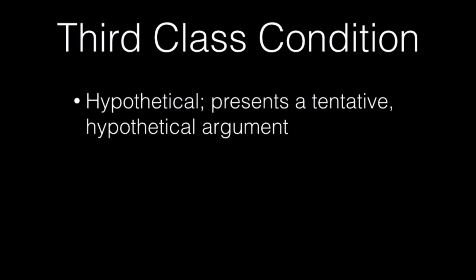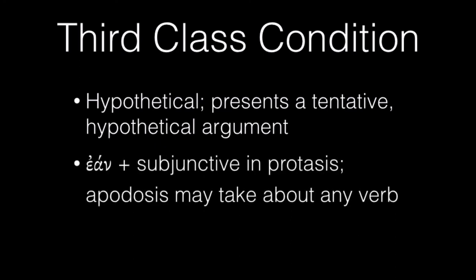This is often the way we use the if-then statement in English: we want to hold up some possible thing for consideration, and if it happens to be the case, then some consequent will ensue. So here you have a grammatical difference. You have ean plus the subjunctive in the protasis, and that is really the signal that you're working with one of these hypothetical situations, a third-class condition.